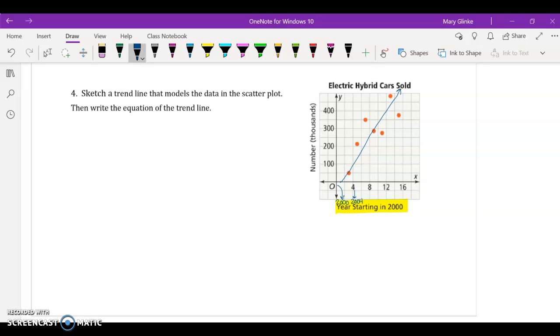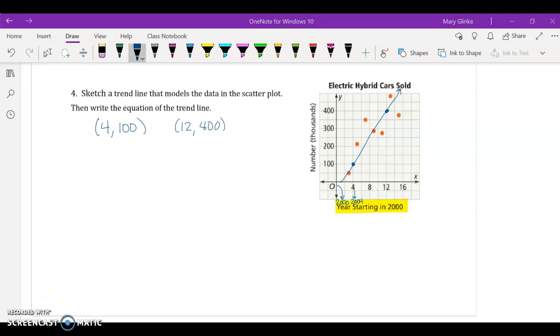So take your trend line, which probably looks different than mine, and we're going to pick 2 points that look nice on your trend line. So to me, mine looks like it goes through 4 comma 100. And then I'm going to pick another nice point over here, 12 comma 400.